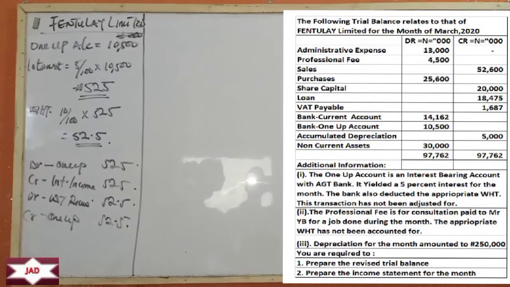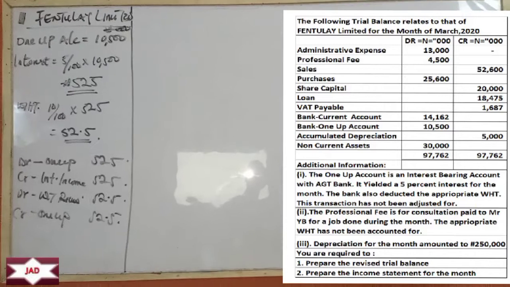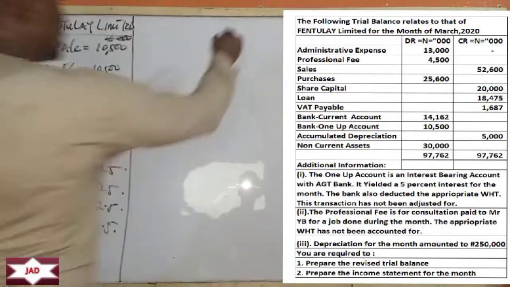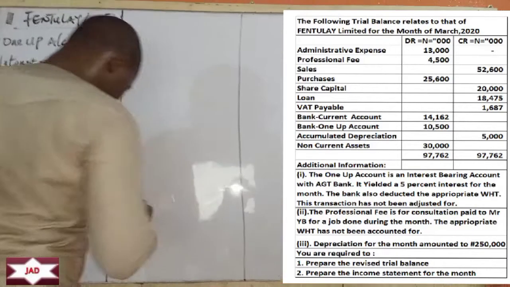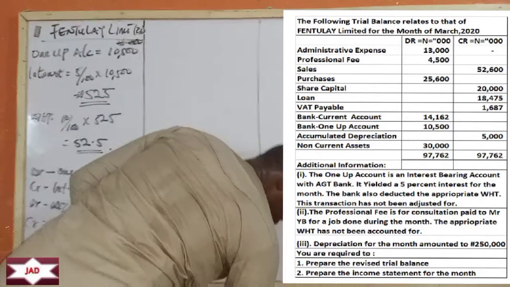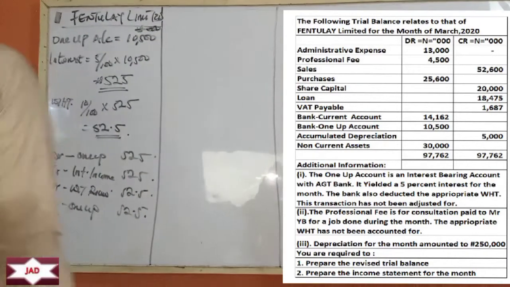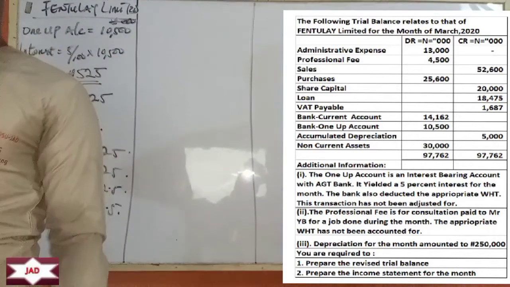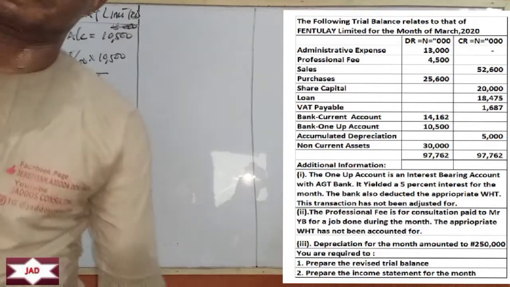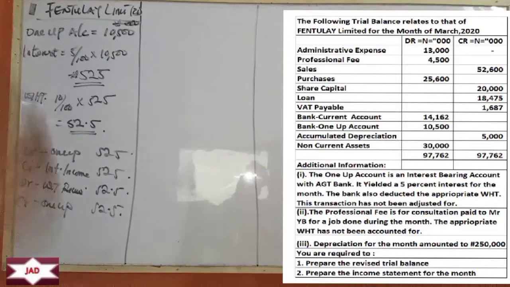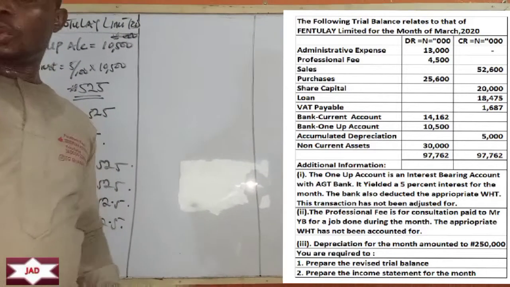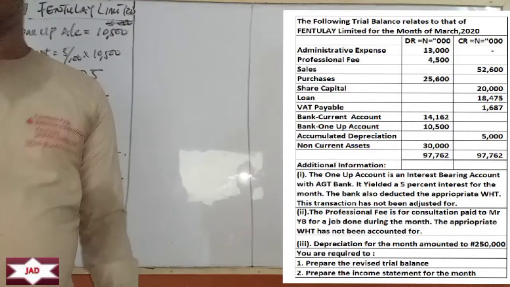And then I can see 4,500,000 there. If you look at the trial balance now, they've already debited professional fees. So there are two things. It's either they have accrued for it or they have already paid him. Okay? So if you look at it now, there are no payables here.